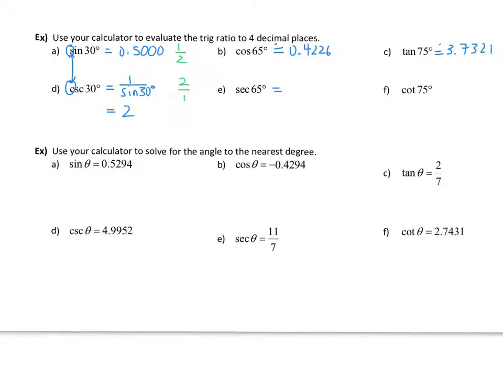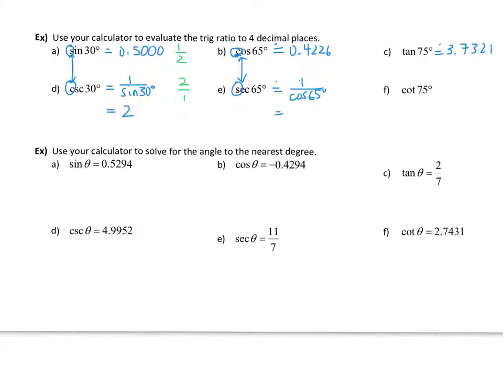The secant of 65 degrees, again, we could do 1 over, secant matches with cos, so this starts with C, goes with the one that starts with an S. That's going to match up with the 1 divided by the cosine of 65 degrees. Put that into your calculator.